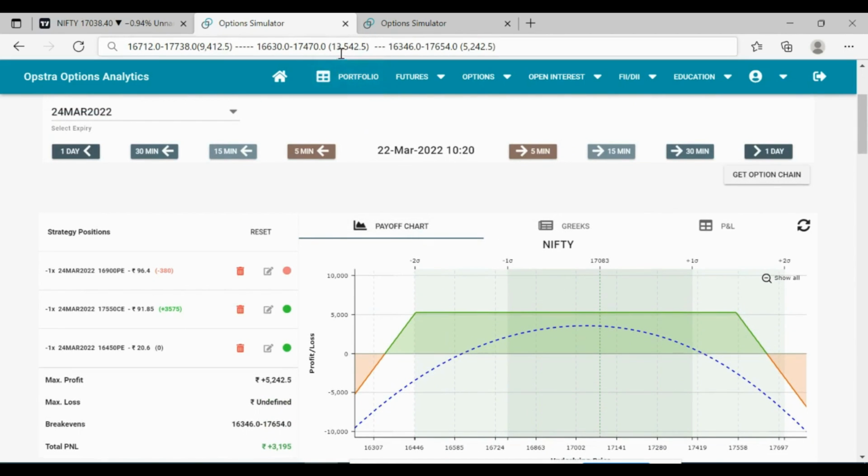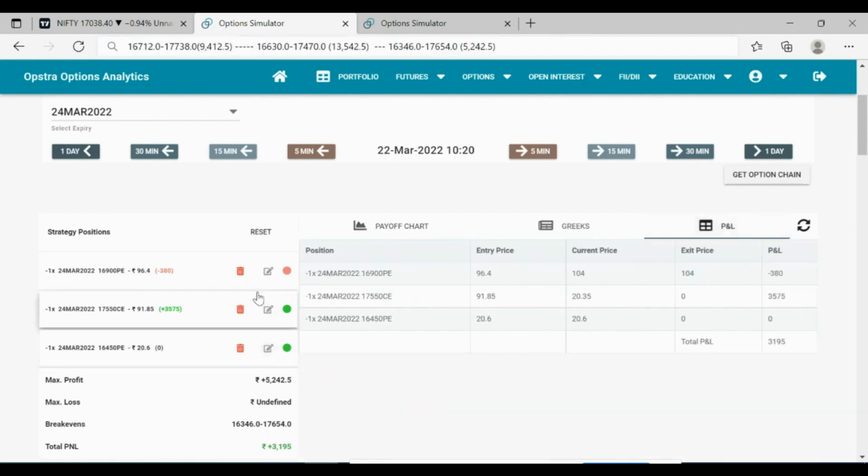People who are very aggressive, if they are particular about this profit and want to take the risk, can go for this adjustment, meaning you just exit the winning side and take one more call close to this premium.